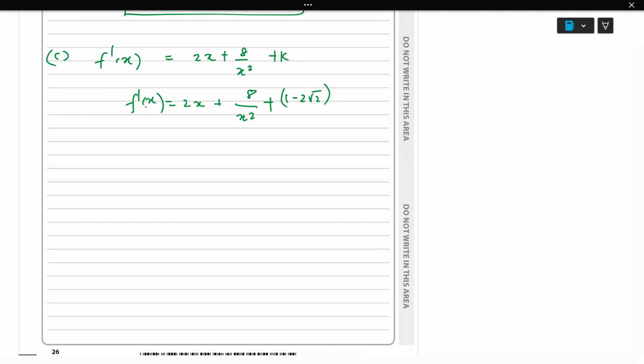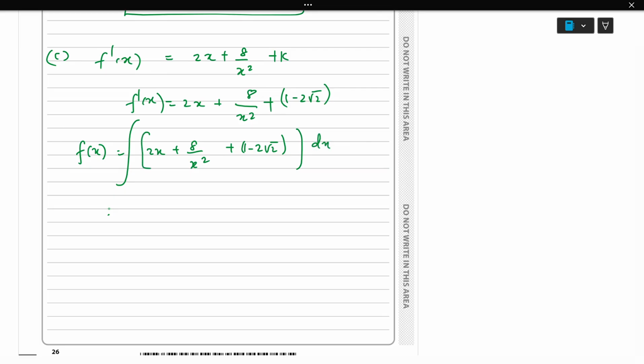Now we are integrating everything. So f of x equal to integration of everything, 2x plus 8 by x square plus 1 minus 2 root 2 into dx.